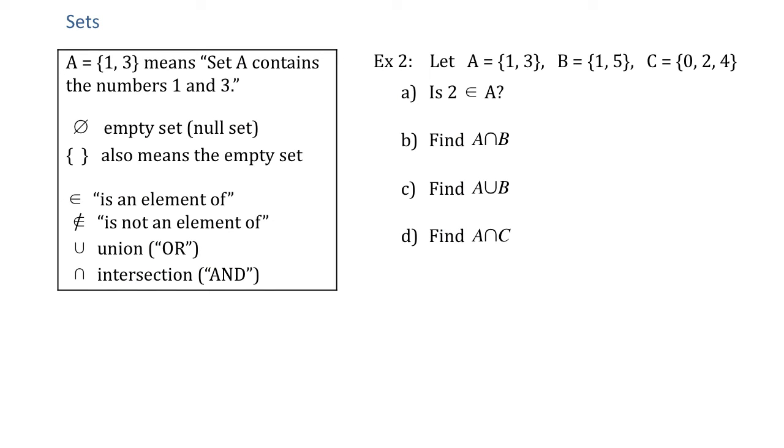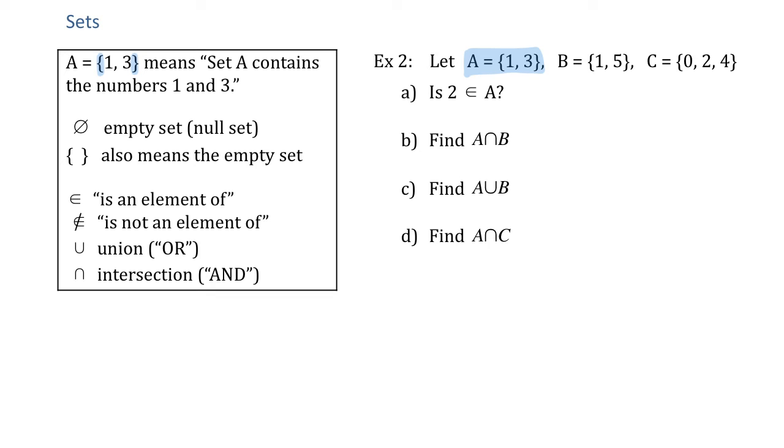Moving on, now we're going to look at sets, and so there's these curly cues here. That just means the set of, and it's just a list. So in this case, A equals curly brace 1, 3. What that means is A is the set containing the numbers 1 and 3.